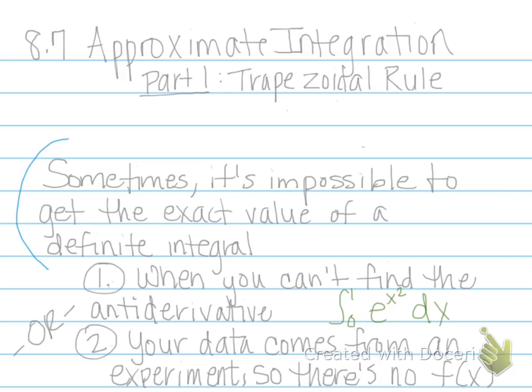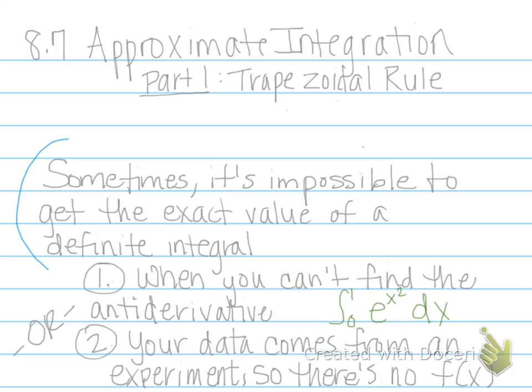If you were trying to integrate this, you could look at u, du substitution. If you say u equals x squared, then du would be 2x dx, and you don't have any other x in this problem to replace it with. So that's one instance when it'd be easier to approximate the area under the curve.